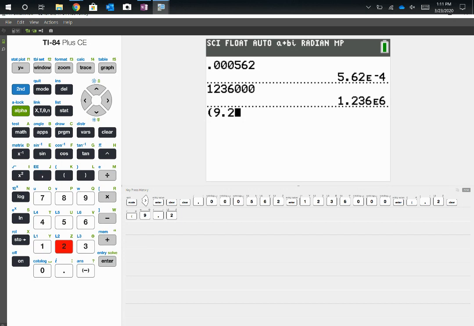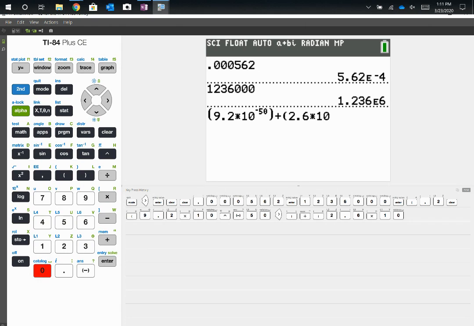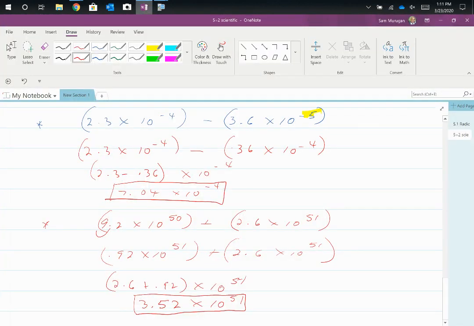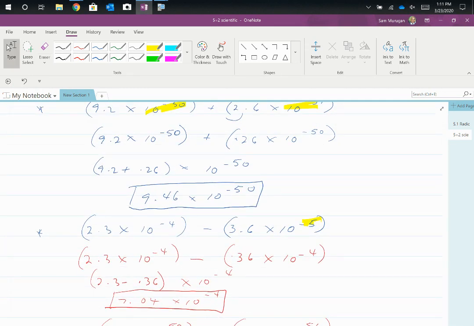So 9.2 times 10 to the power, I'm doing that example that we just did, negative 50 plus, open parenthesis, 2.6 times 10 to the power negative 51, and close the parenthesis and press enter, and it gives us the answer as 9.46 times 10 to the power 50, which is the answer that we had for the problem right here.